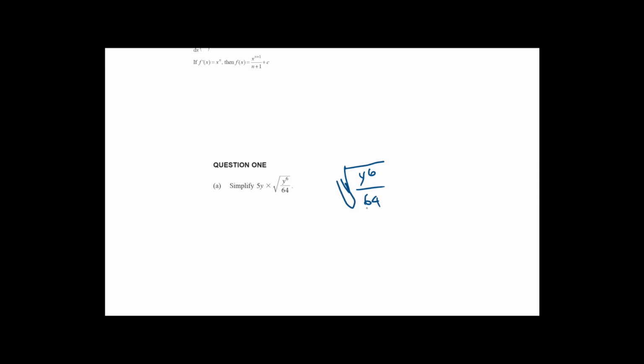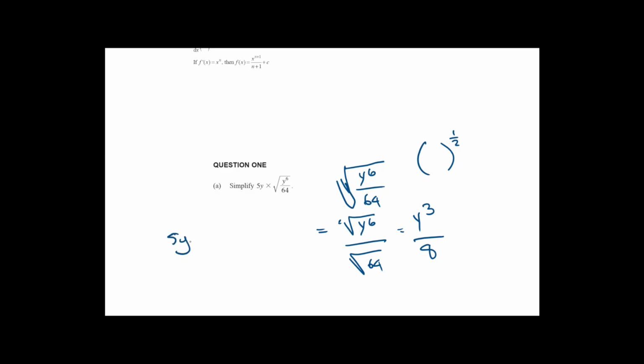When we do that, we can always rewrite that as the square root of y to the 6th over the square root of 64, and this is going to be y to the power of 3. Just remember, if we take the square root, it's the same thing as raising it to the power of half, and 6 times a half is 3, over the square root of 64 is, of course, 8.